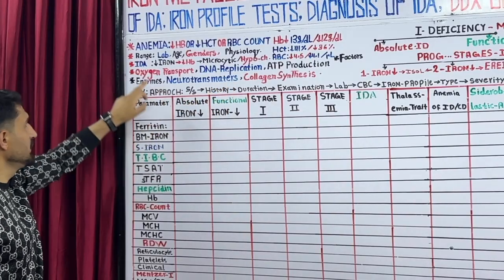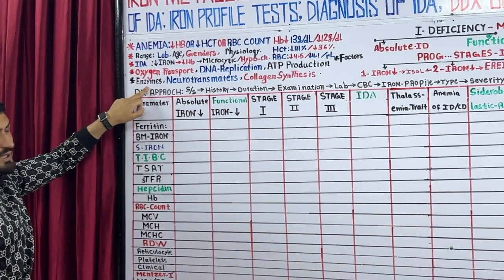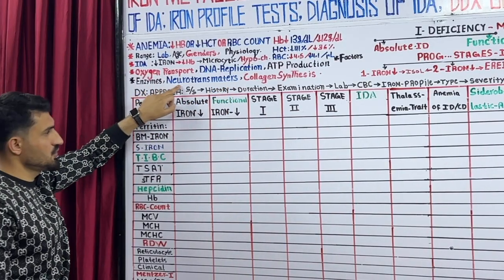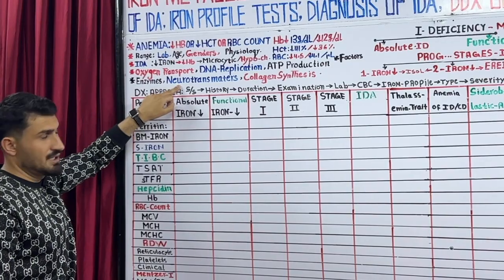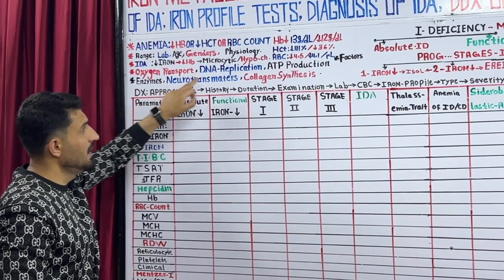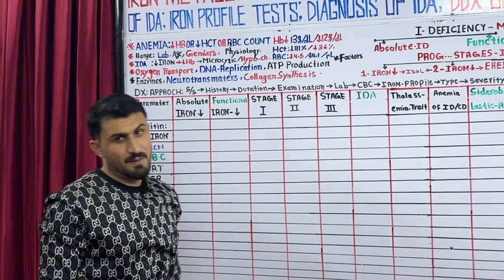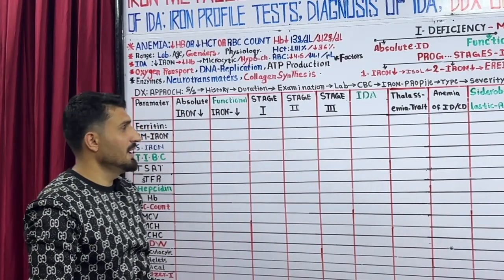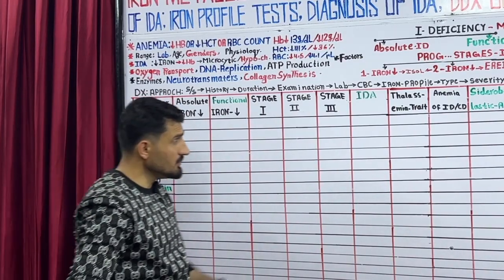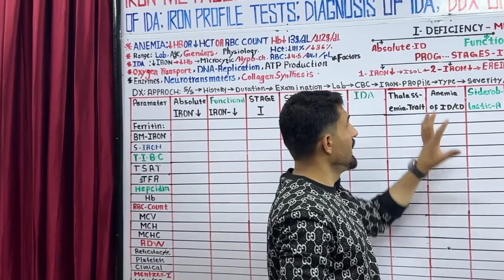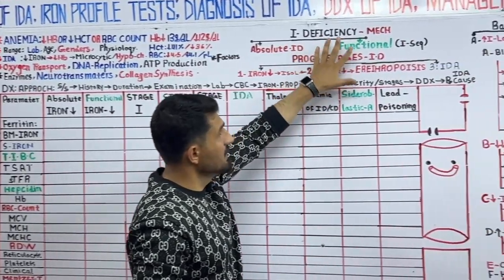We talked about all of them in first part. Okay, it has role in enzymes, it has role in neurotransmitters. For example, it has role in synthesis of dopamine, and also it has role in collagen synthesis and keratin and so on. Okay, now first of all, let me classify iron deficiency.